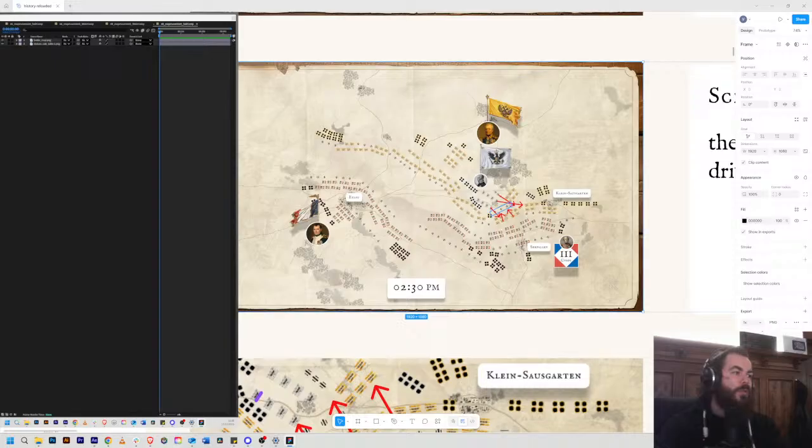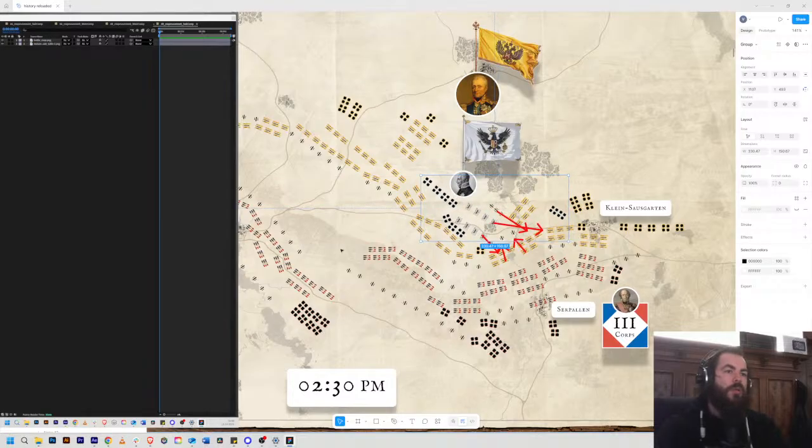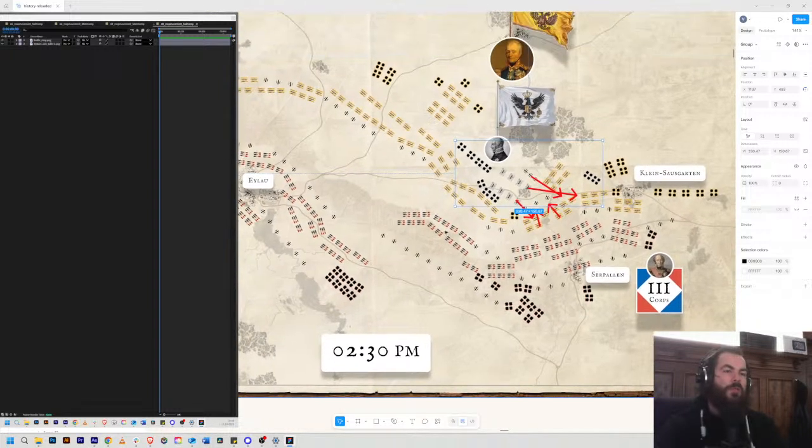Here we gotta extract each position. So the Prussians position, the Russians position, and the French position. I'm gonna export this one.